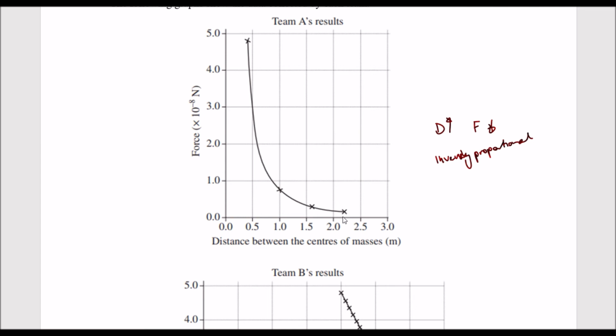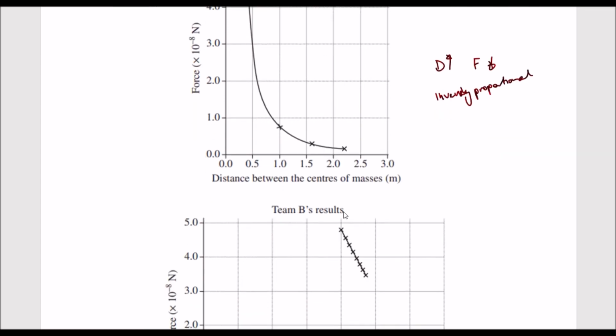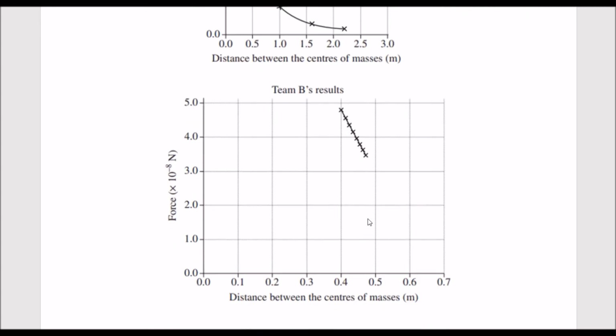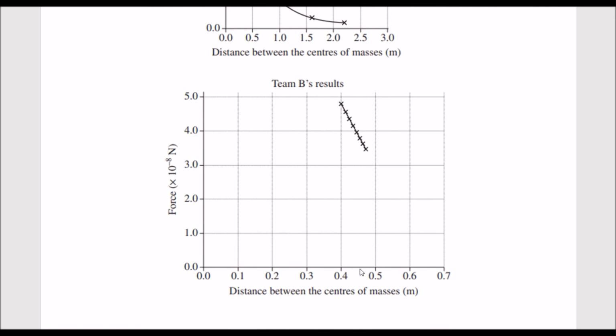That gives us a bit better understanding, and we can highlight any errors potentially. Team B has 1, 2, 3, 4, 5, 6, 7, 8 data points, but as you can see, that data range is very small. So again, we can't really get very conclusive evidence because the range is very small.